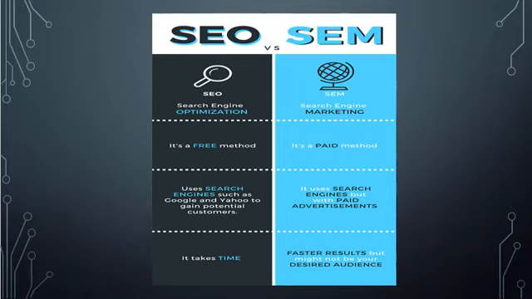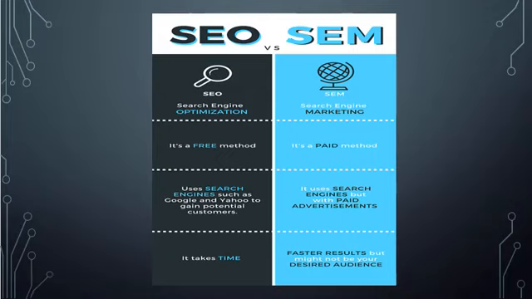Now let's look at the differentiation between SEO and SEM. So SEO, as we already know, is search engine optimization, whereas SEM is search engine marketing. So SEO is a free method, whereas SEM is a paid one. Let's look at the uses of both of them.